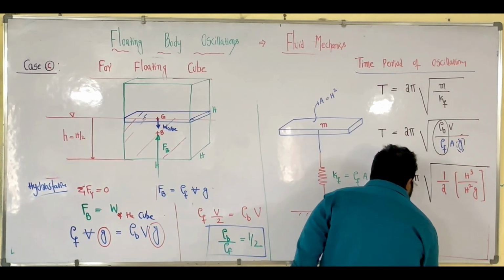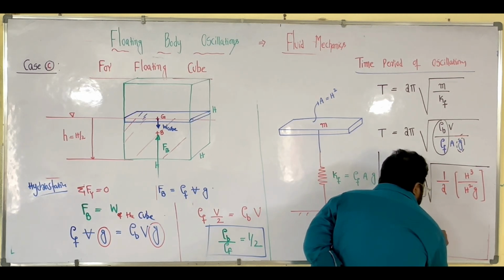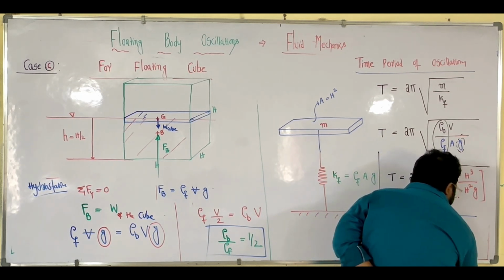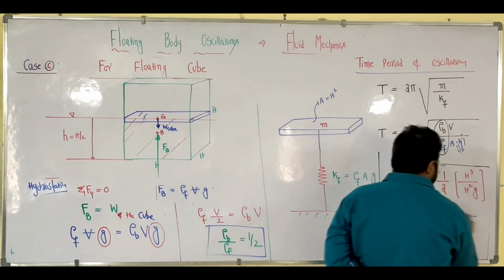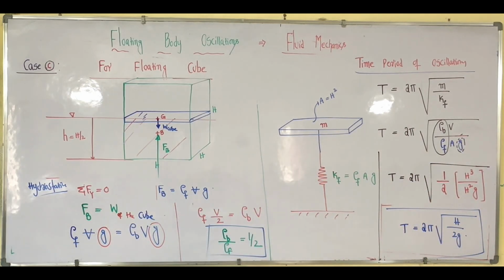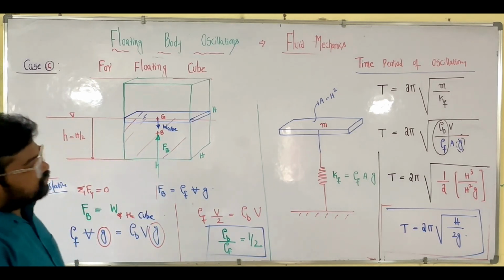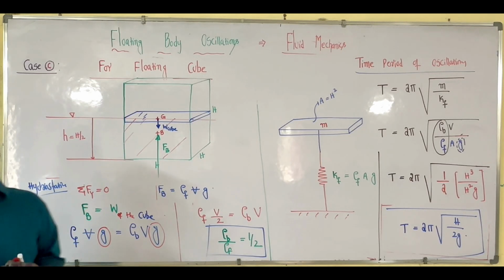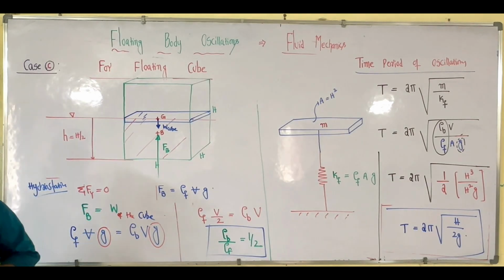T equals 2 pi square root of H by 2g. All are following. Half of the volume of the cube is immersed in the fluid.